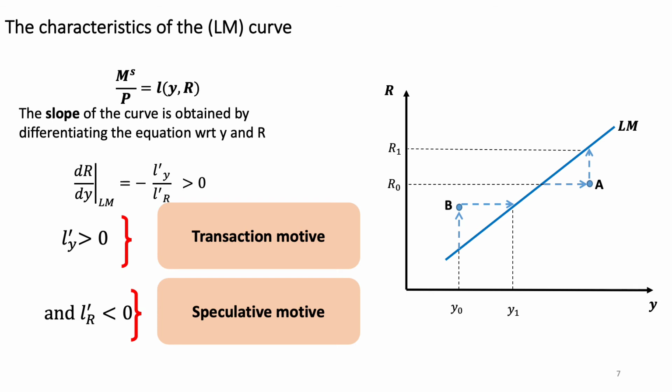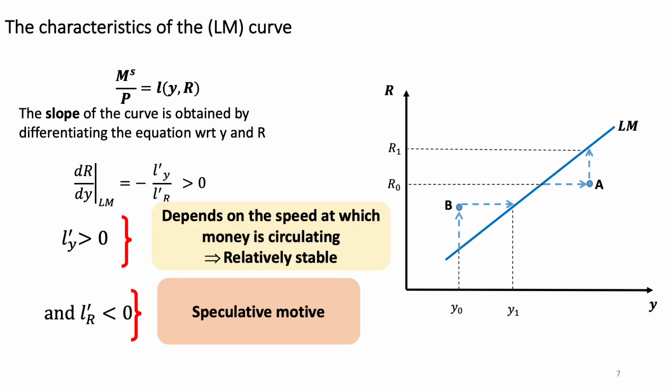Hence, the slope of LM depends on the sensitivity of the money demand to the income and on the sensitivity of the money demand to the interest rate. Usually, we make the assumption that the sensitivity of the money demand to the income is relatively stable over time. In general, households desire a quantity of money that is proportional to their income.